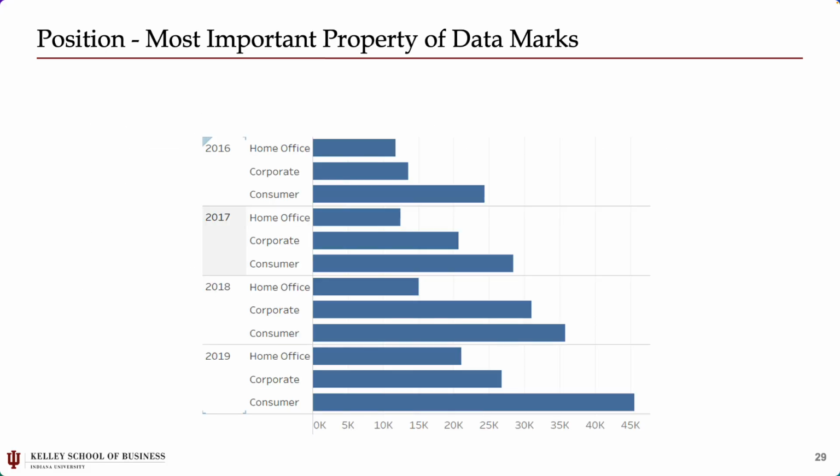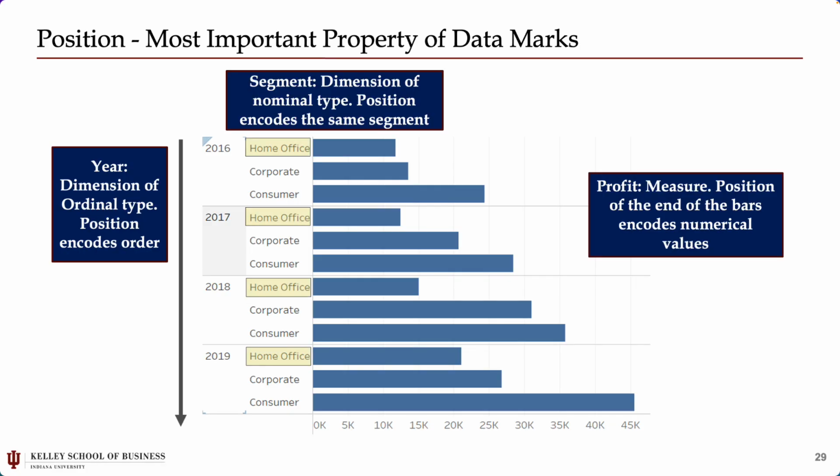This graph shows how position of the bars encodes information of two dimensions and one measure. Year is a dimension where the values have intrinsic order. By positioning the groups of bars following the order of the years, the order information is encoded in the position of the four groups. Another dimension is customer segment, which contains three values: home office, corporate, and consumer.